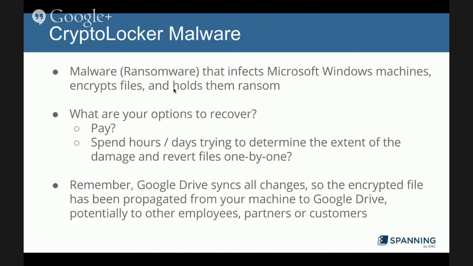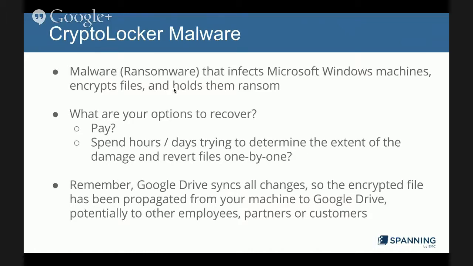But the other thing to remember here is that Google Drive is a collaboration tool, right? It's really good at synchronizing data across a variety of environments, not just for one person back and forth to Google Drive from their laptop, but also to anyone else who has that shared with.